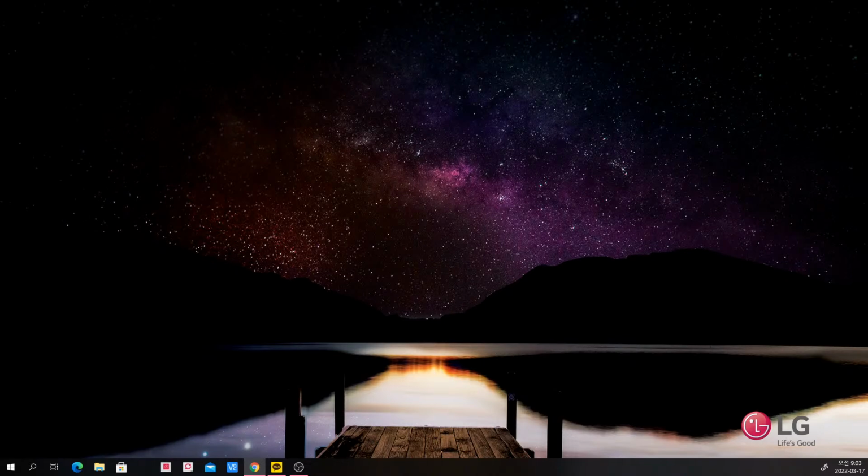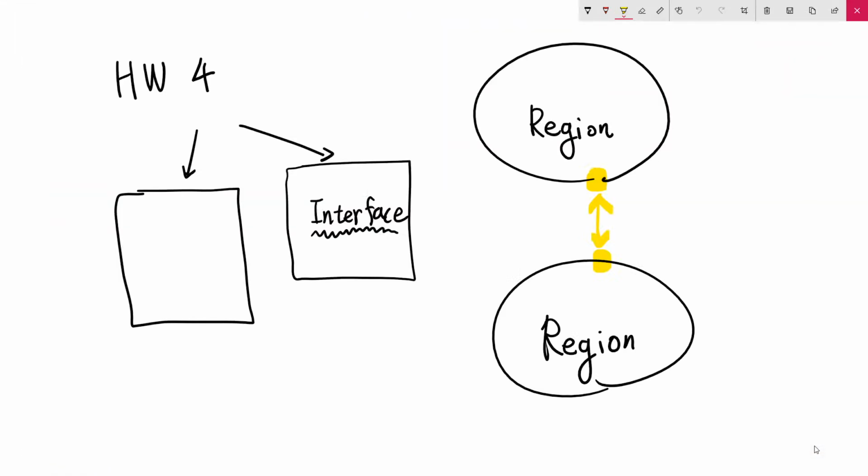Okay, calculate interface edge. Edge here means that, in this case, an edge is specified by just two vertex indexes. So v1 and v2, a pair of these two integer numbers, will completely specify an edge.